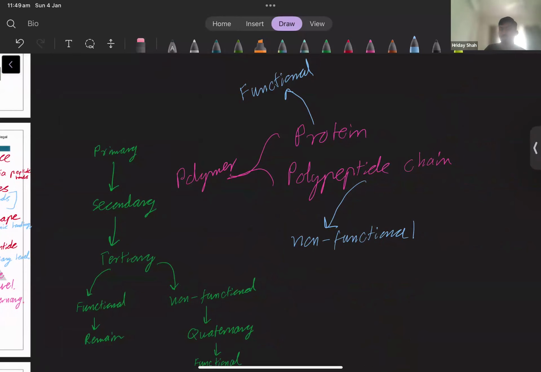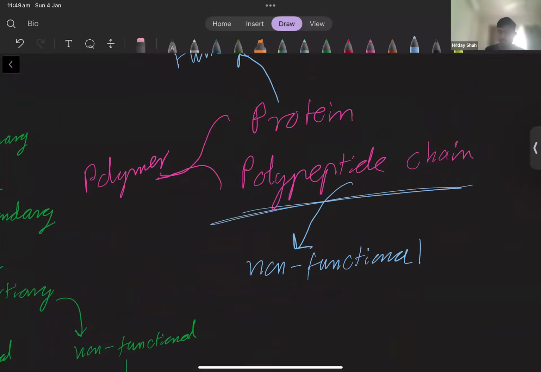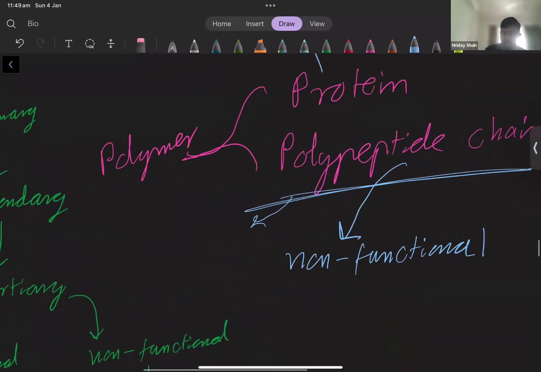Another way you can think about it: is it working? Is it doing the function that it was meant to do out of those 7 functions? If yes, it's a protein. If no, it's a polypeptide chain. A polypeptide chain, again, just to reiterate, is still the chain of amino acids.